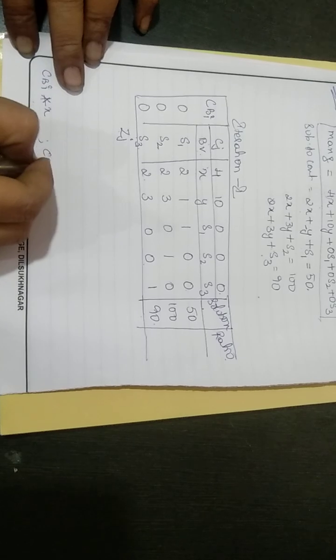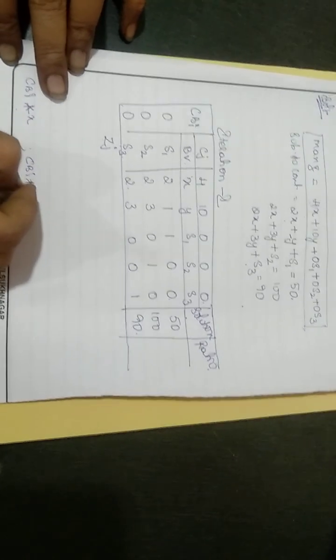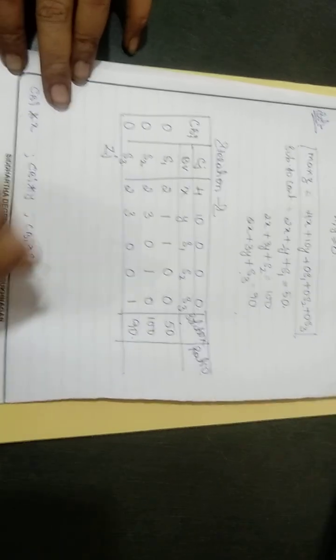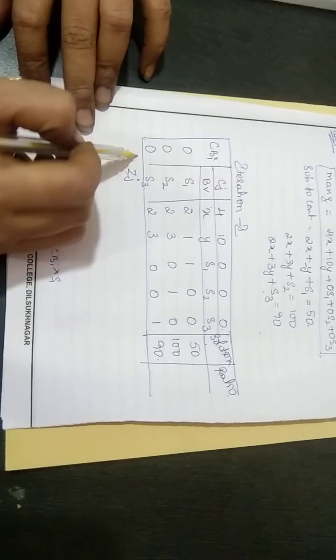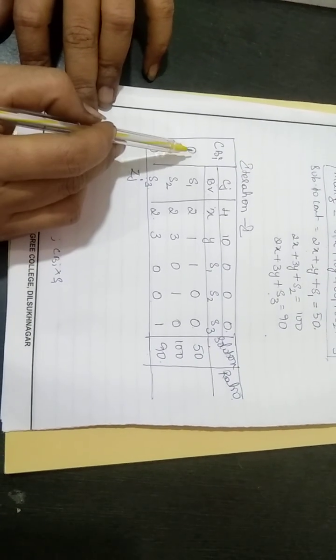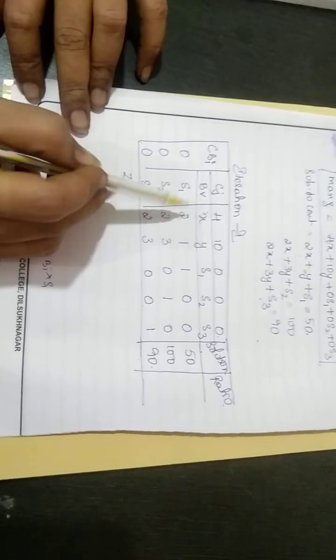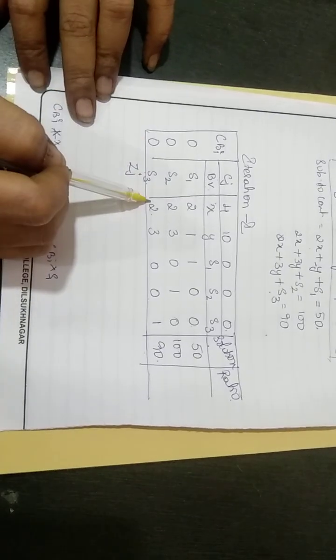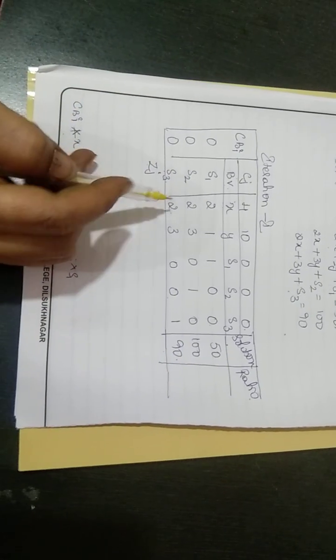Likewise CBi values multiplied with y, and likewise with S1, S2 and so on. But here we have a 3 in the sequence, so I have to multiply with the x value, plus multiply with the second value, plus multiply with the 3, and that's how I'm going to make it up.